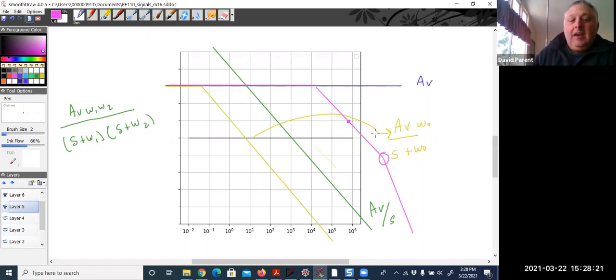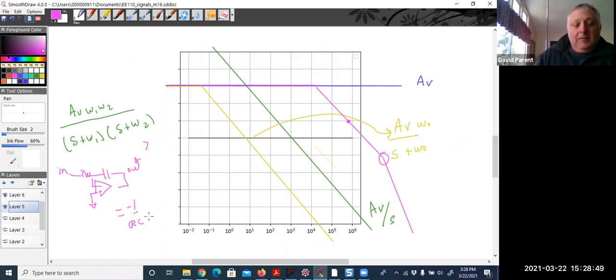And then, if I want to know where this circuit is going to work, right, well, I know this is minus 1 over RCS, right? I take the magnitude, the minus sign doesn't really matter.